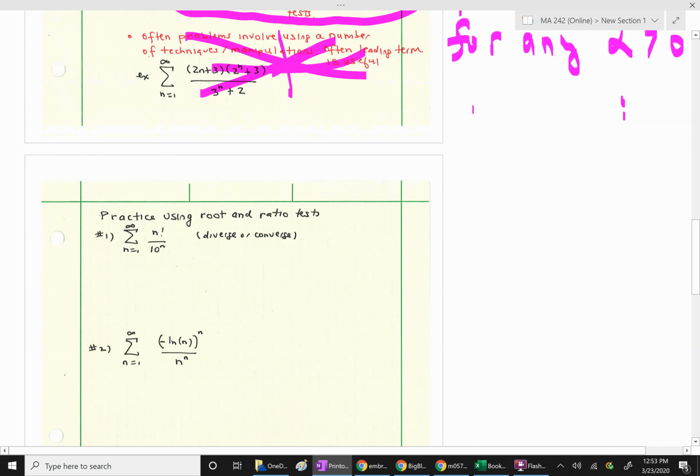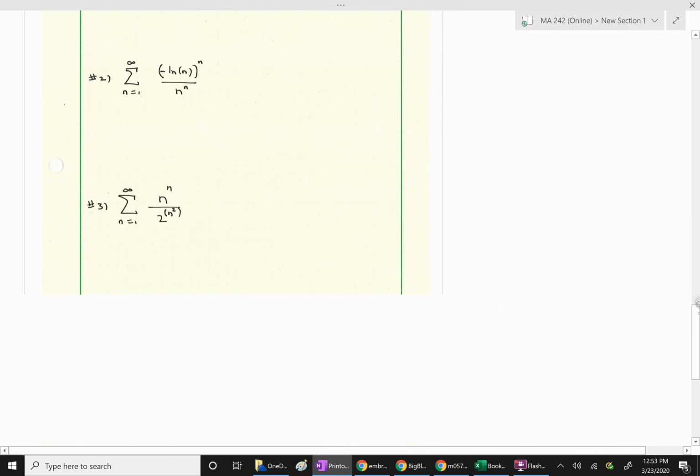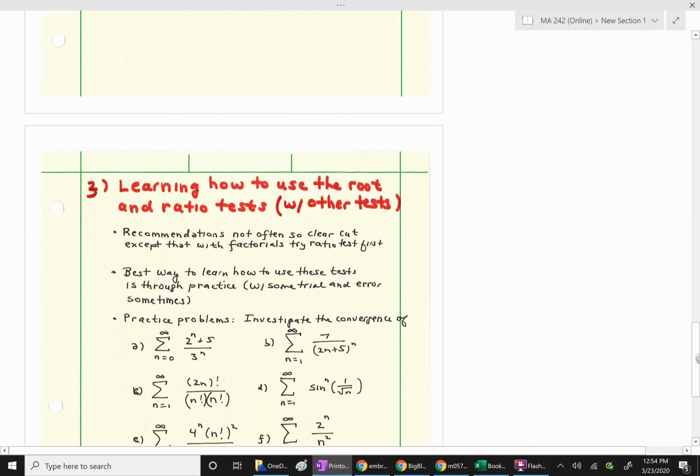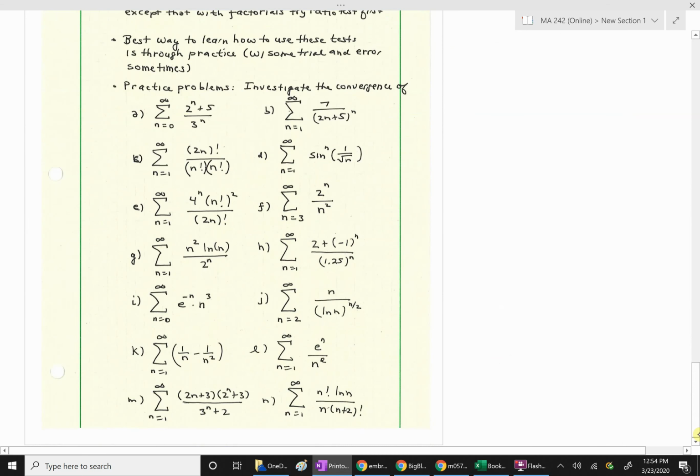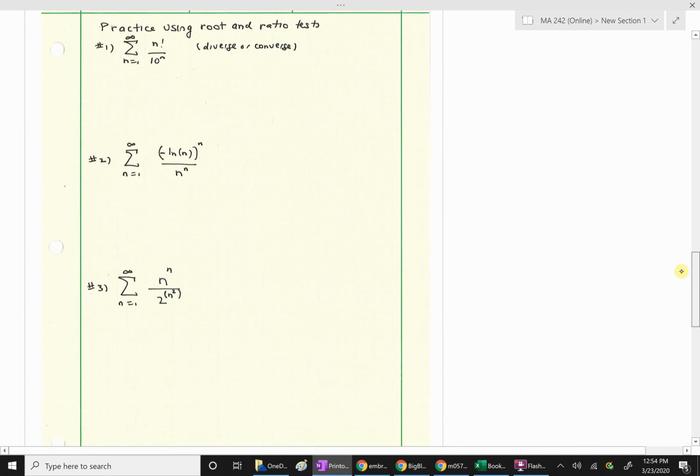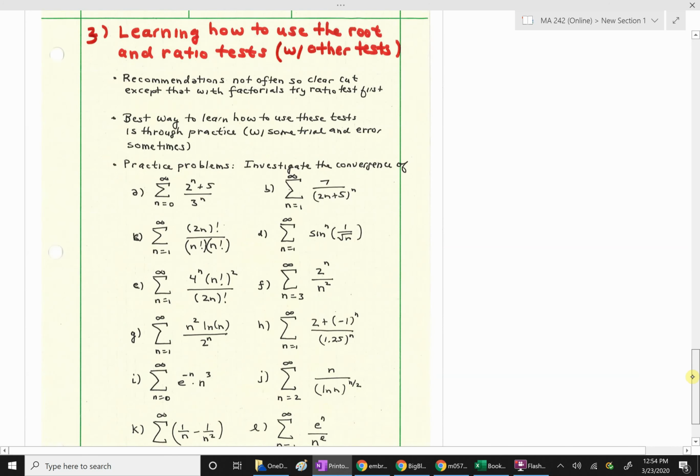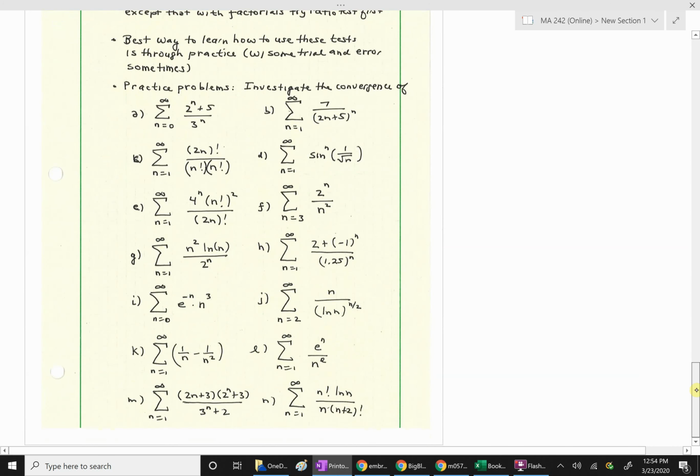Okay, so let me do the following. I'm going to work through a few problems here, and then I'm going to post about 14 problems that I want you to work through. And we'll get together and discuss these on Wednesday. I'm going to work a few problems here, and we'll go through the logic, and I'm going to have you guys work these. On Wednesday, I'm not going to have a formal lecture.